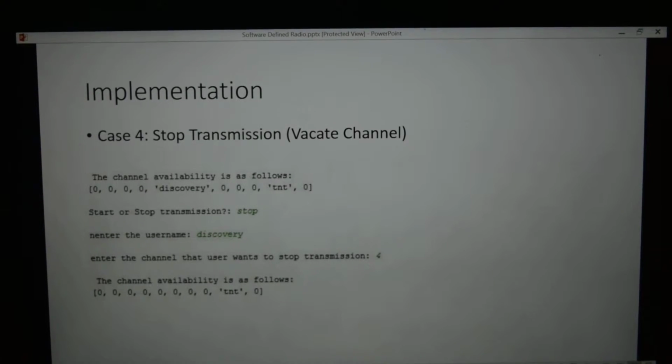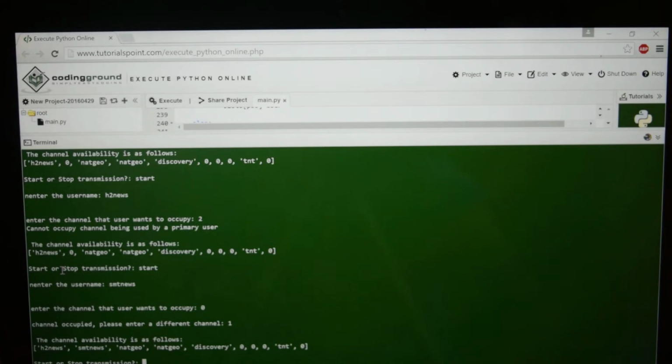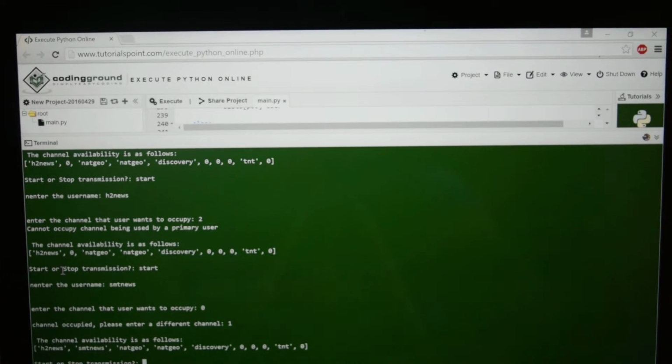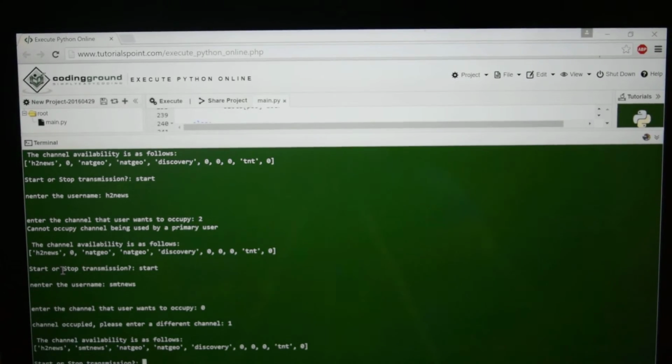So the last case, suppose a user wants to stop transmission. What happens in that case? Let's say Discovery wants to stop transmission, or in this case since we already have Nat Geo, let's use the same one. Let's say we want to stop transmission.